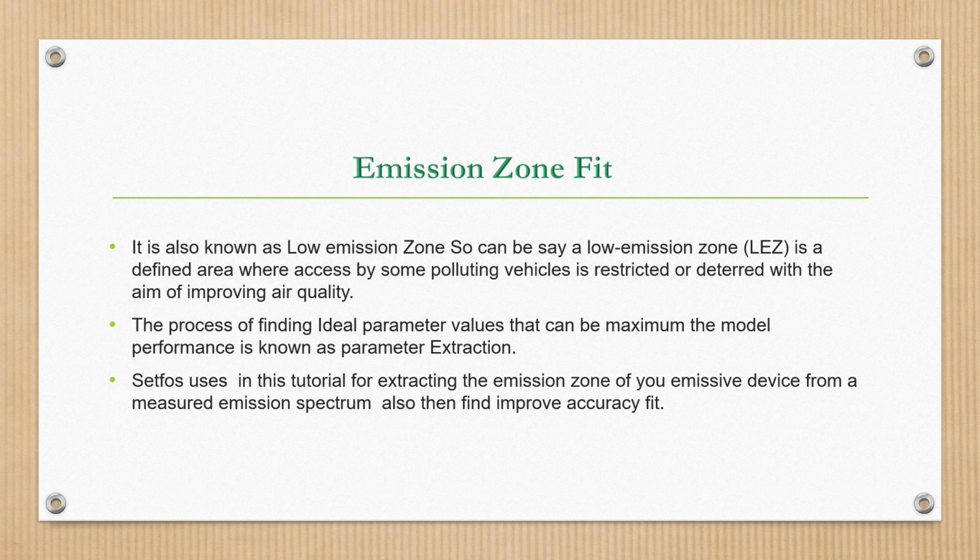Here we will discuss the emission zone fit. It can be said as low emission zone, which is a defined area where access by some polluting vehicles is restricted or deterred with the aim of improving air quality. The second meaning is the process of finding the ideal parameter values that maximize the model performance, known as parameter extraction.